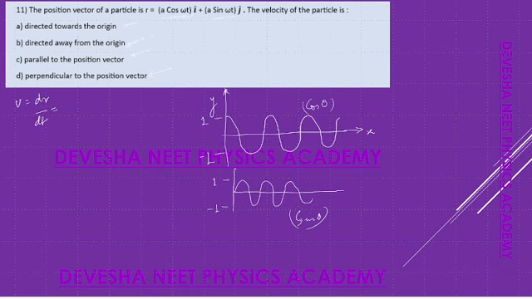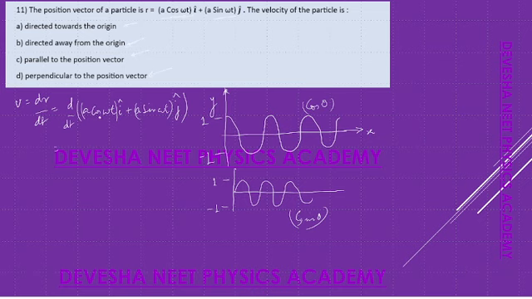So basically we need to differentiate a cos omega t i plus a sine omega t j.